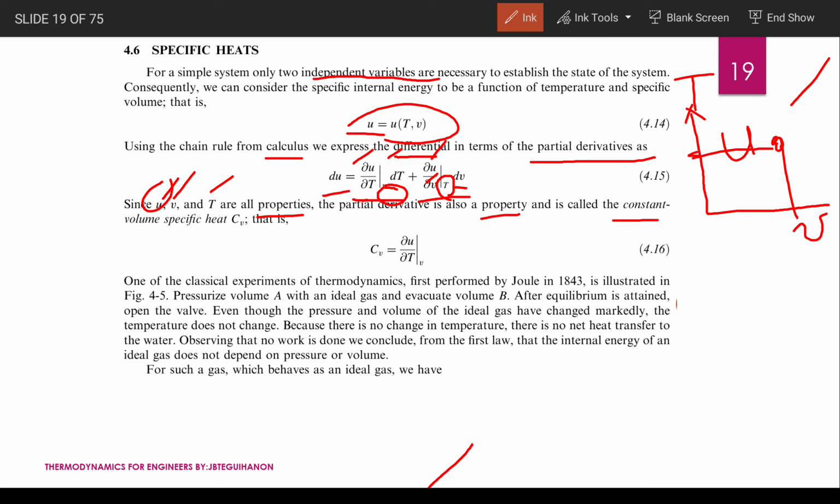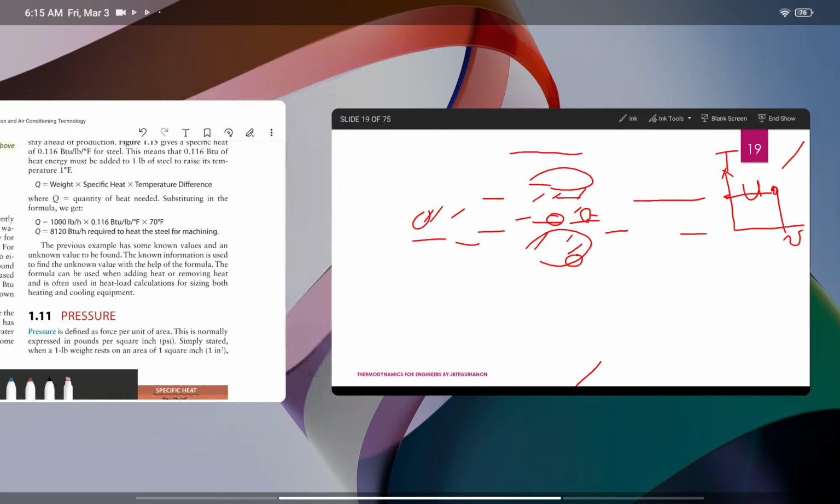That is this guy here: the partial derivative of internal energy over the partial derivative of temperature, holding specific volume constant. This gives the specific heat at constant volume. That is how this is derived in engineering.